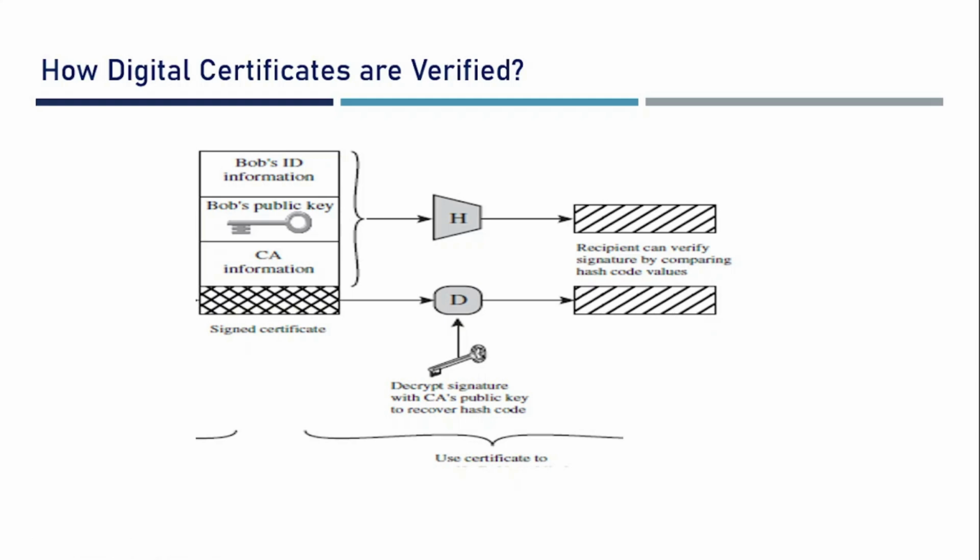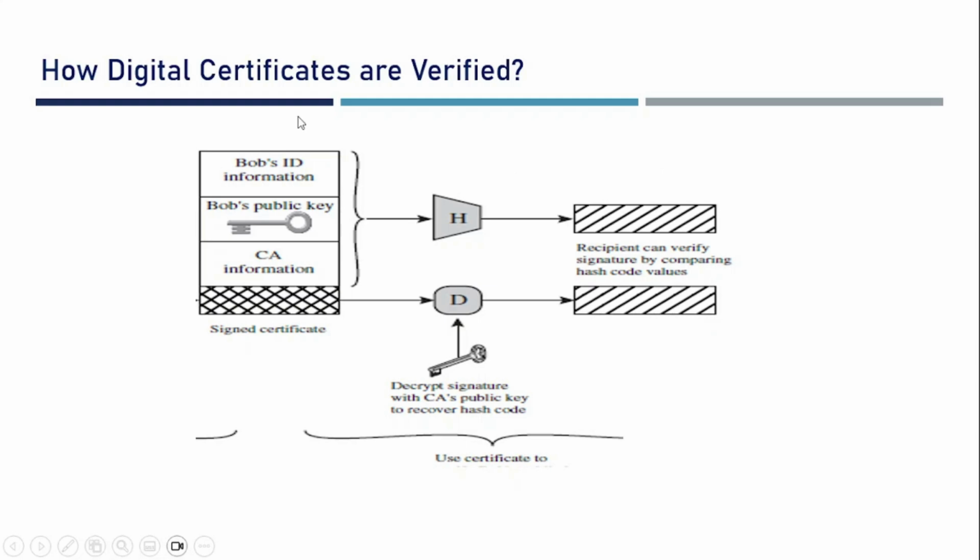So the browser has the public key of the certificate authority, and it will decrypt this signed certificate and get that hash. It will recalculate the hash from the public key and these details. It will match these two. If they both are equal, it means that the certificate is valid and unmodified.